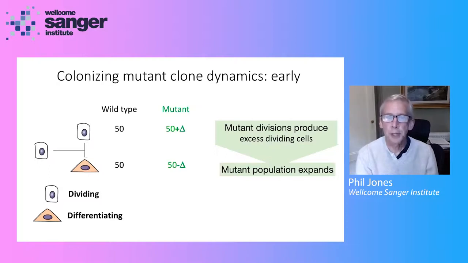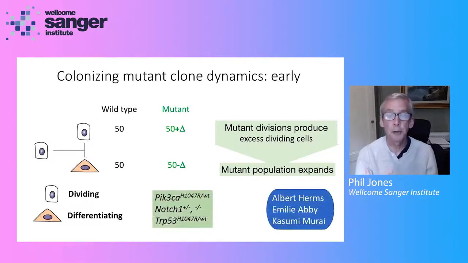So when we went further into this, we were able to show that early on this colonizing mutant had tilted the odds in favour of producing proliferating daughters over non-proliferating daughters. It has changed the rules of the dice game and loaded the probabilities in favour of proliferation. And that means that at each round of division, on average, you'll have more and more dividing cells, a bit like compound interest. And the mutant population will expand and it will spread through the tissue.